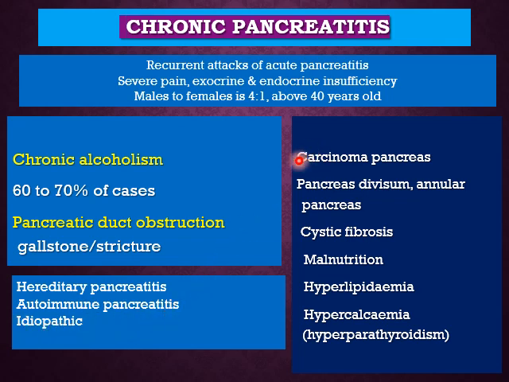Less important are carcinoma of the pancreas, pancreas divisum and annular pancreas, which are congenital conditions, cystic fibrosis, malnutrition, hyperlipidemia, and hypercalcemia, usually due to hyperparathyroidism.